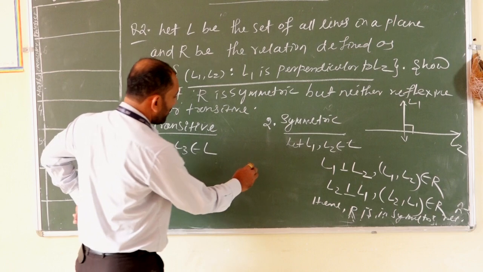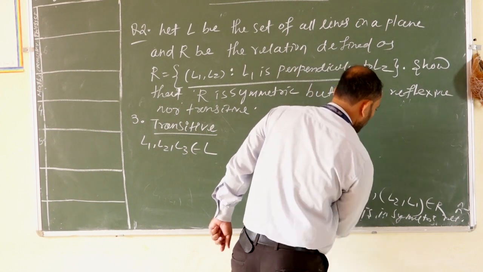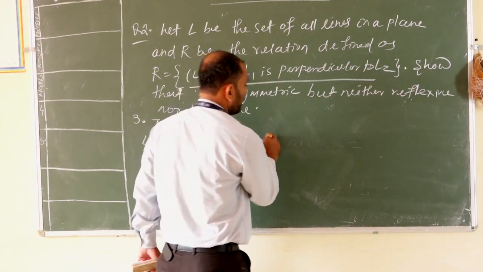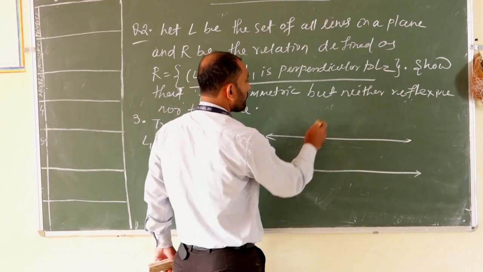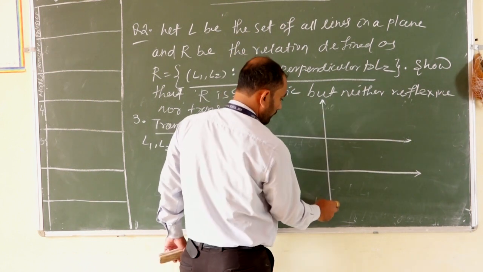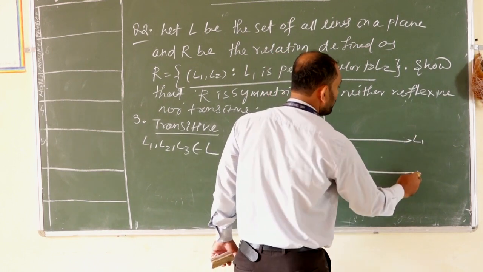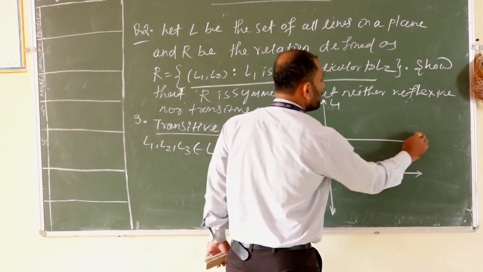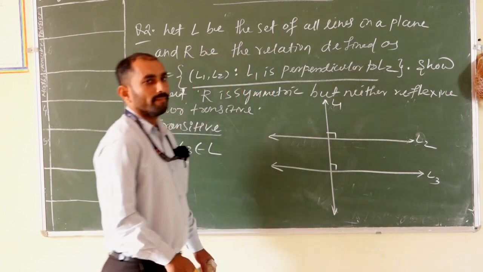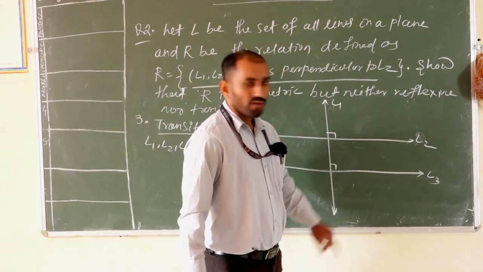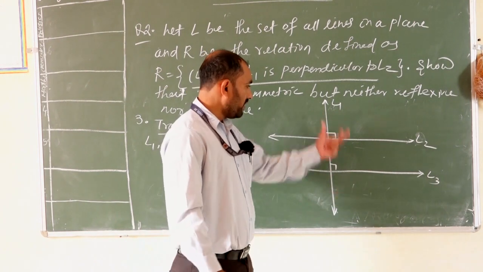So I have made a diagram like this. Let this be L1, L2, L3. Let L1 be perpendicular to L2, let L1 be perpendicular to L3. So I took a diagram like this.